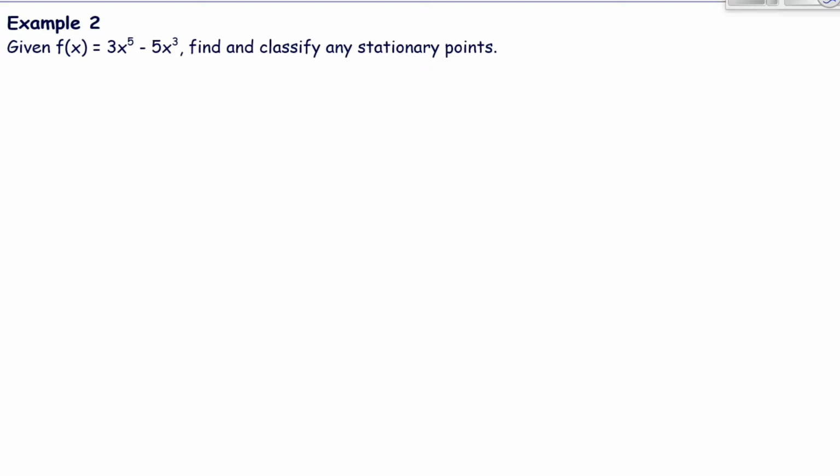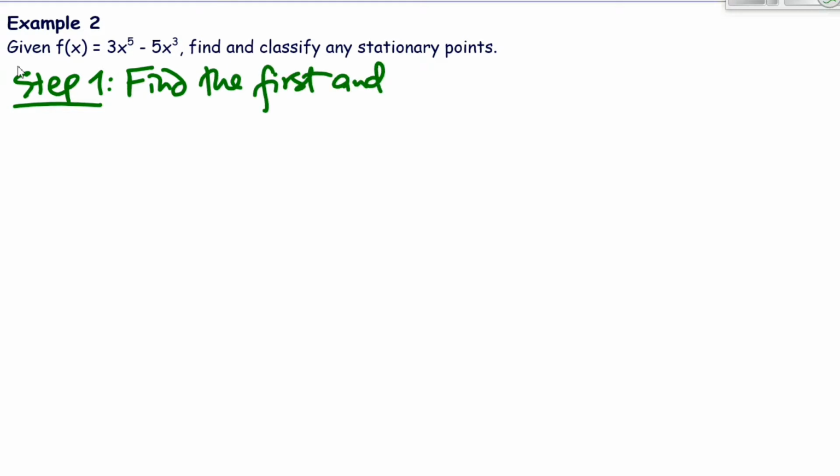Given f of x is equal to this function, find and classify any stationary points. So the first step is we need to find the first and second derivatives. So step 1, find the first and second derivative.